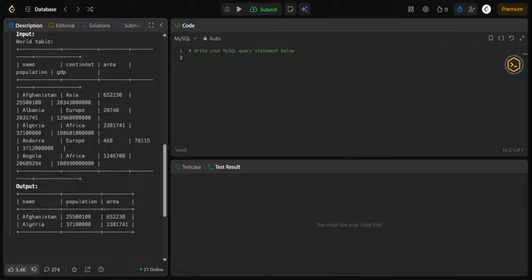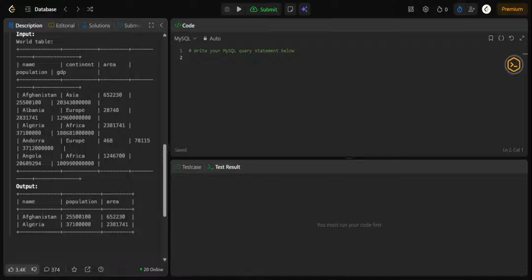Okay, so first we will check the area, which is 28748. We will check this condition: is it greater than or equal to 3 million square kilometers? No, this is not, so the condition is false. Now we will check the second condition, the population.